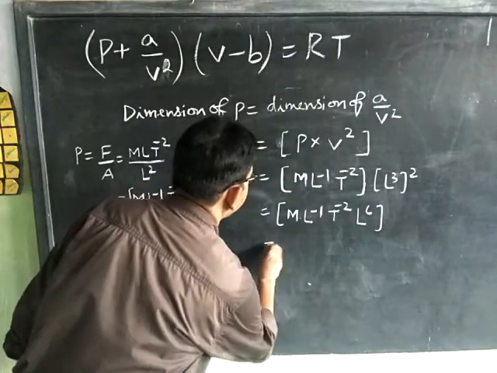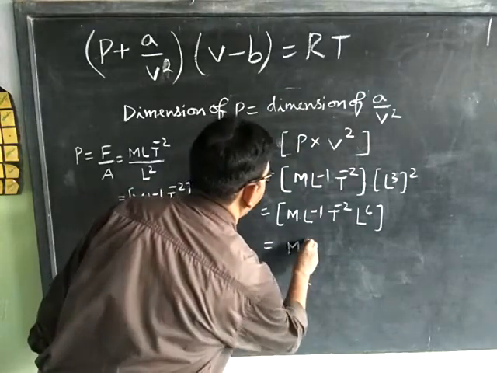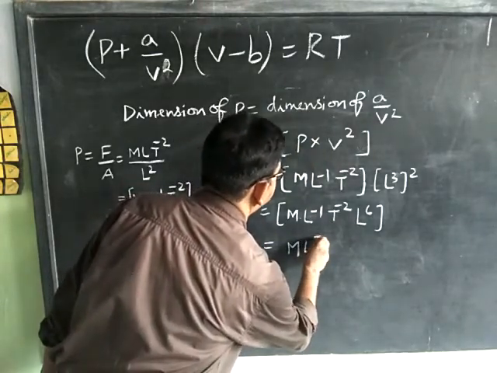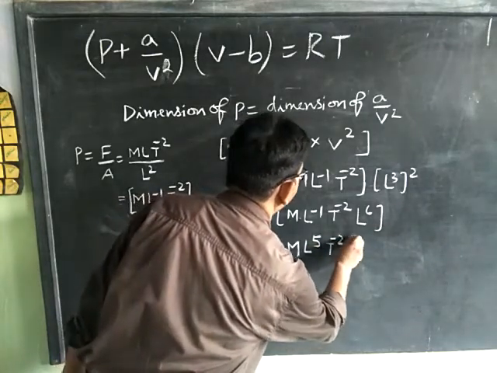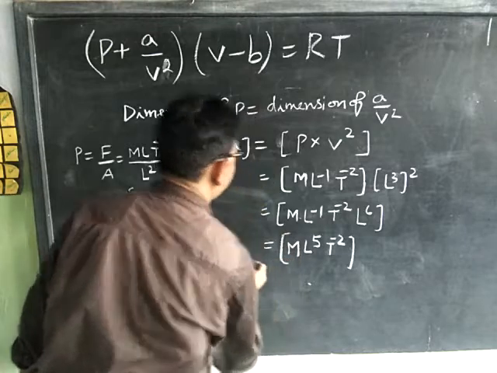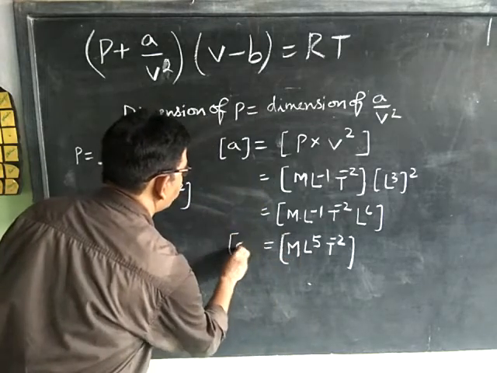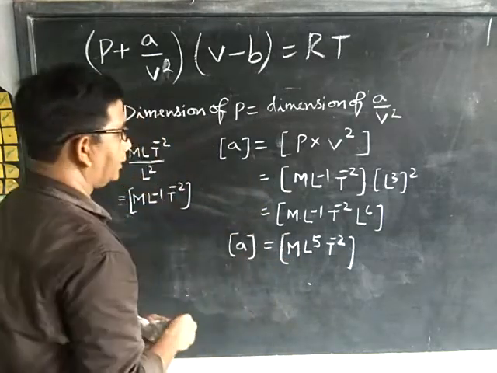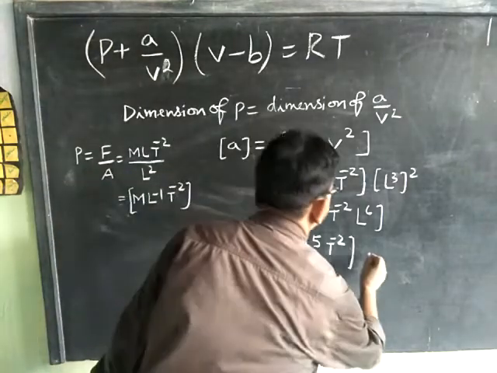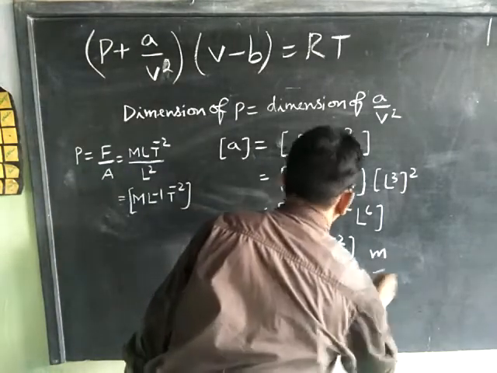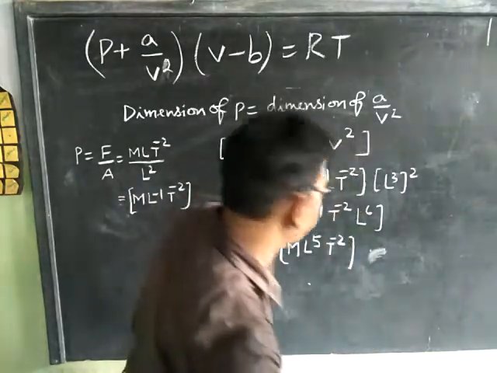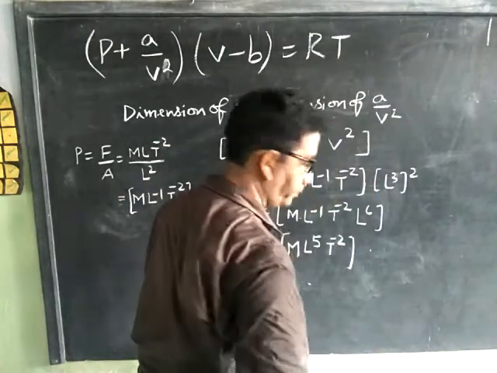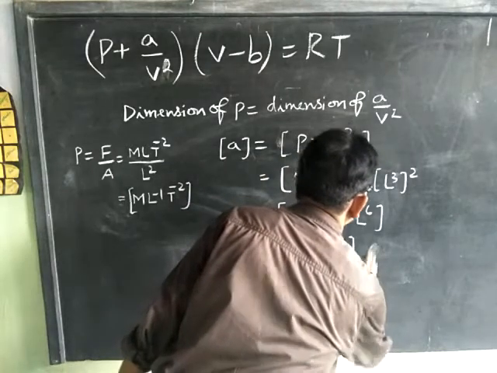Thus, the final answer is M L power 5 T power minus 2. This is the dimension of A, and its unit is kilogram meter power 5 second power minus 2.